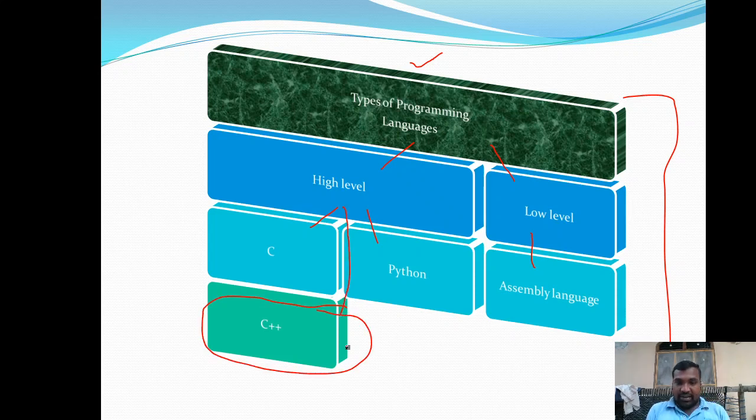Now I have added a new shape to this already existing graphic. Now this C++ must be moved to here, meaning all these three must be in a single line at the same level, because these all belong to high level language for example.